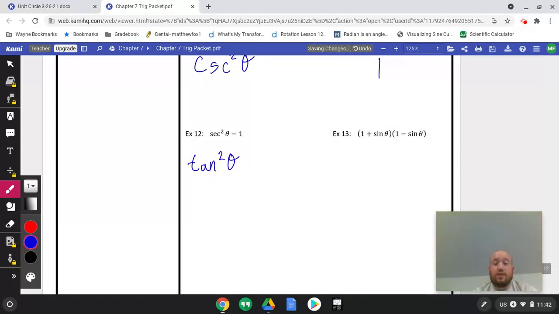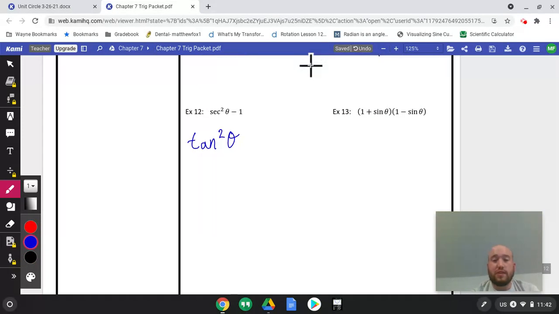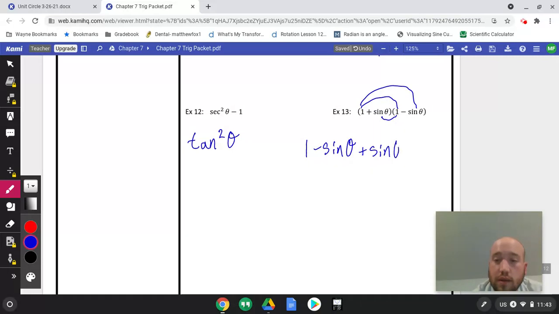Now on this last one, it's a little more difficult. We're going to have to use something called FOIL. So first, outside, inside, last. First meaning 1 times 1, that gives us 1. O meaning outside, 1 times negative sine theta gives us negative sine theta. Inside, sine theta times 1, so that's plus sine theta.